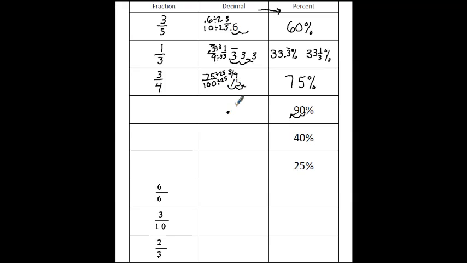If I move the decimal 2 places to the left, I would get 0.9. 2 places to the left, I would get 0.4. 2 places to the left, and I would get 0.25.